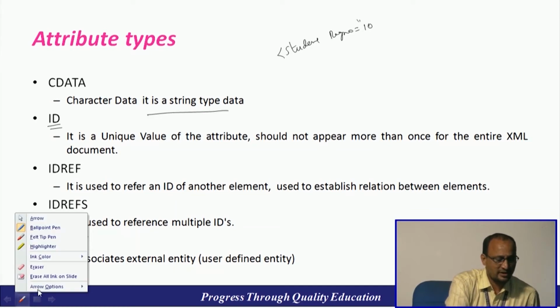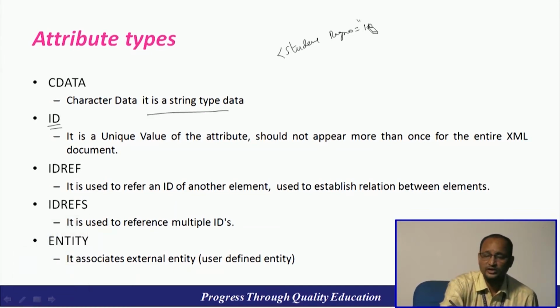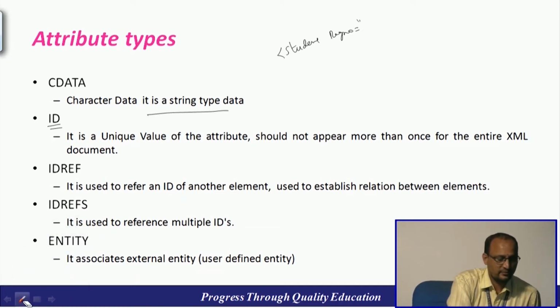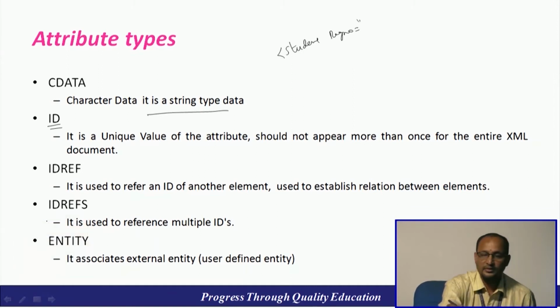I would like to give it as register number. This is for a BCA student. In the sense, I should start with B or any character I would like to have for the register number. Especially for ID type, the first character should be a character.